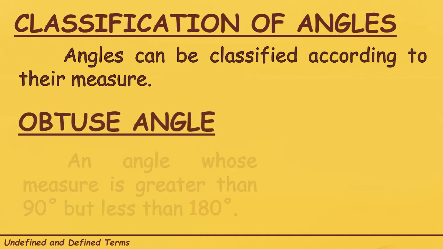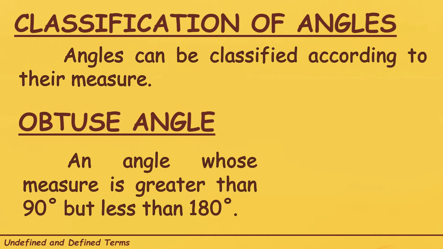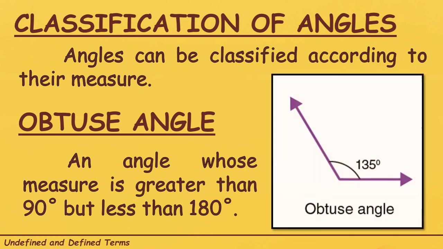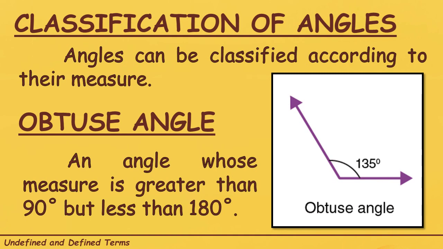Obtuse angle. Obtuse angle is an angle whose measure is greater than 90 degrees but less than 180 degrees. This is example. As we can see, the measure of the angle here is 135 degrees and this is an obtuse angle.